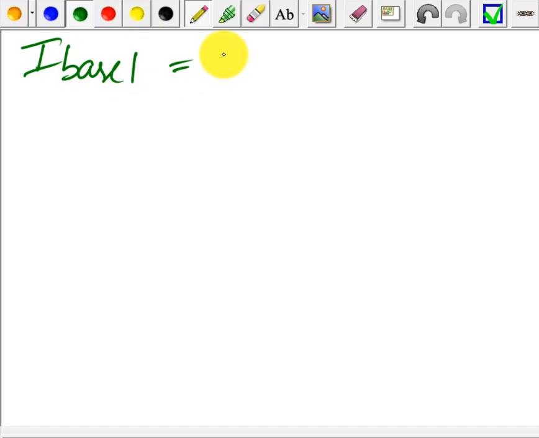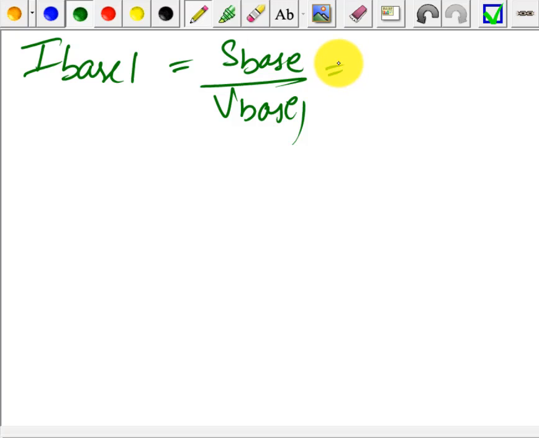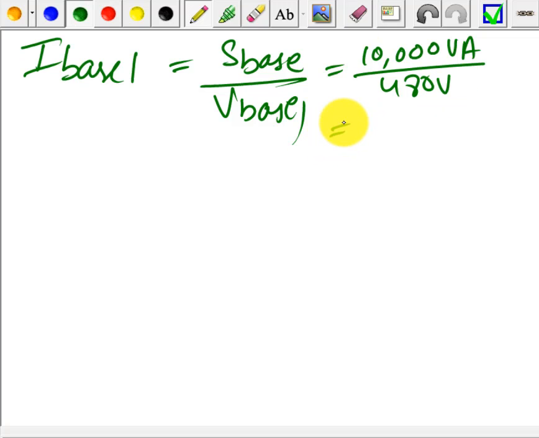I base 1 will be S base divided by V base 1. That will be at the generator side, and we have been given 10 kVA, so 10,000 VA divided by 480 volt, and this comes out to be 20.83 ampere.